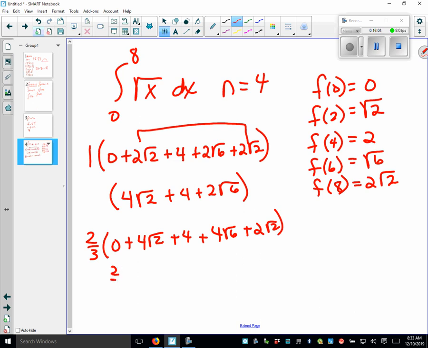So is it 2/3 times 6 radical 2 plus 4 radical 6? Plus, there's also 4. Oh, yes, there is. Thank you. Plus 4, over H, right? Or H over N. You have to know trapezoid rule, you have to know Simpson.